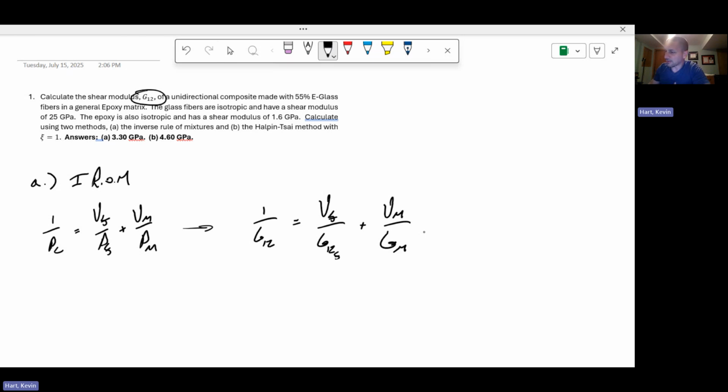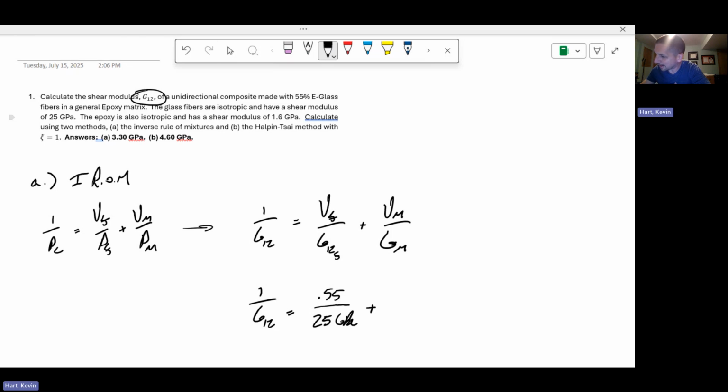We more or less have all of this already, so we can just plug the numbers in. Volume fraction of the fibers is given to us, 55% e-glass fibers. So this is 0.55 over the shear modulus of the fibers, 25 GPa, plus volume fraction of the matrix.